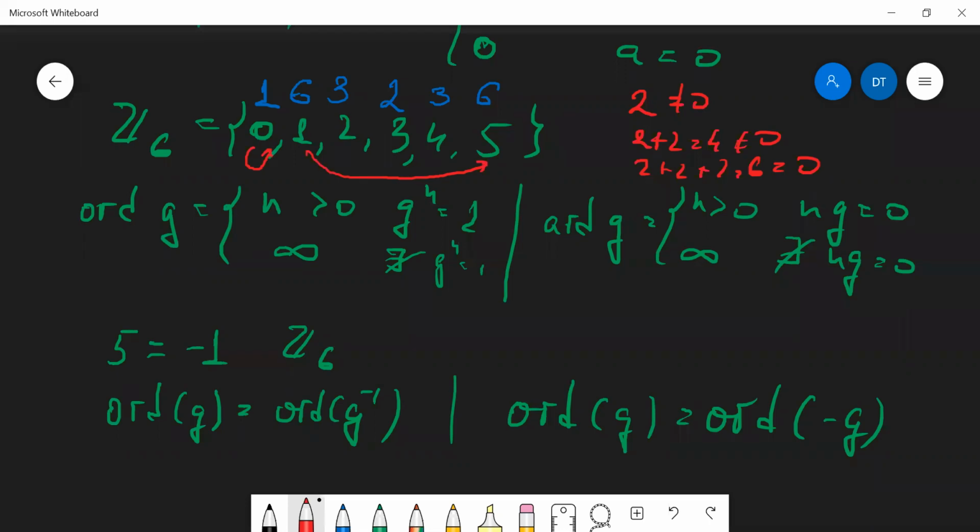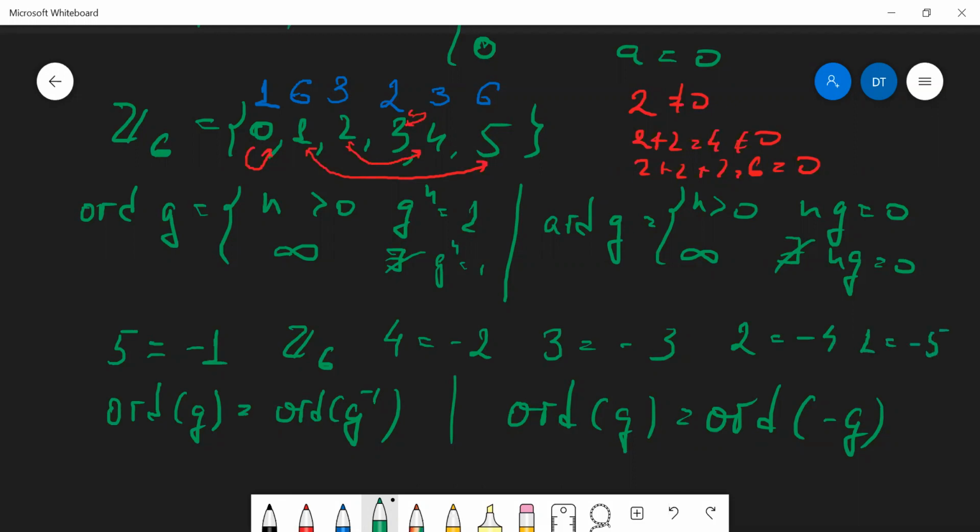And the inverse for 5 is 1. What is the inverse for 2? Yeah, it's 4. And the inverse for 3 is again 3. So here we have 5 equals minus 1, 4 equals minus 2, and 3 equals minus 3. Also we have 2 equals minus 4, and 1 equals minus 5.